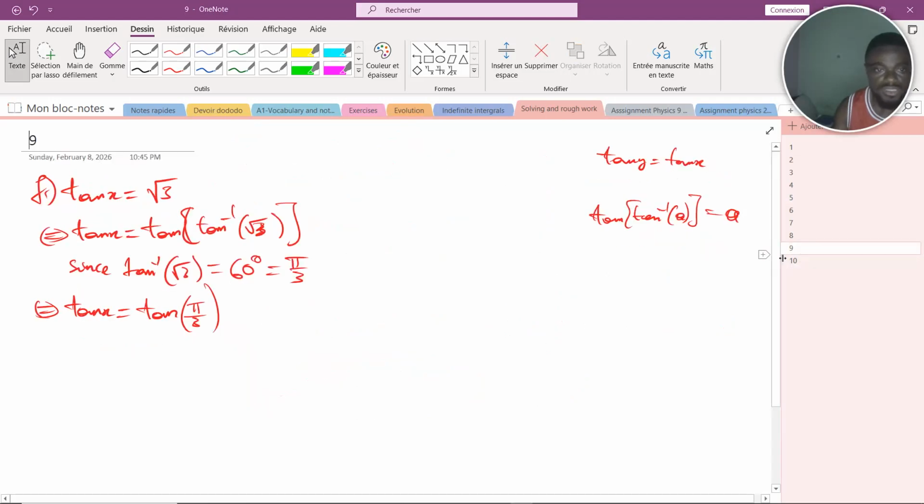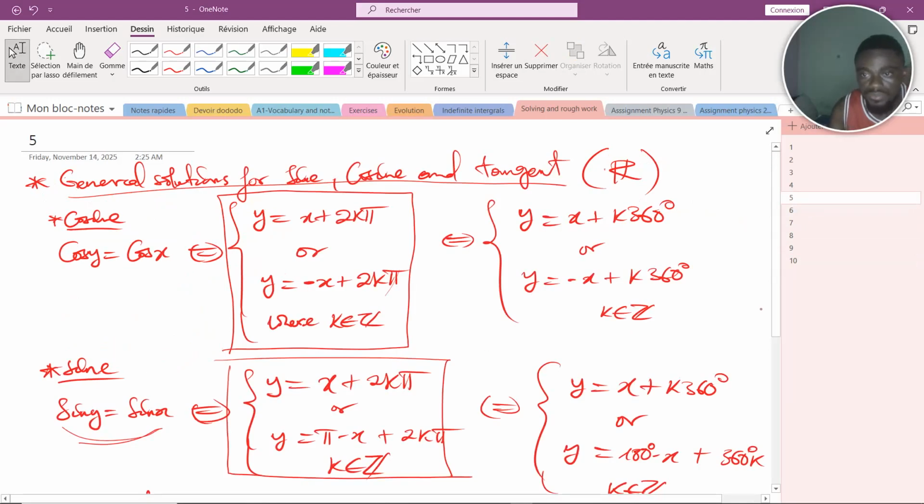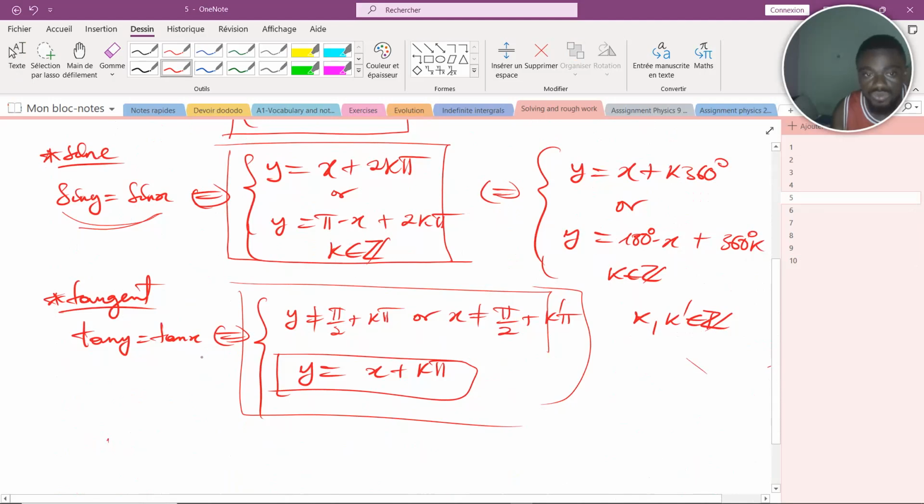So this is the first part. We notice that pi on 3 is not equal to pi on 2 plus k pi, as the general solution states here. For you to use the general solution here, x and y must not be odd multiples of pi on 2.